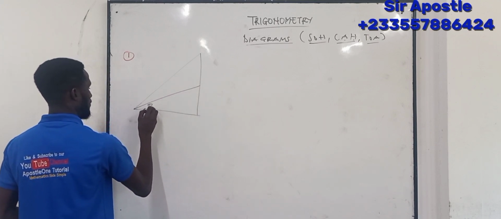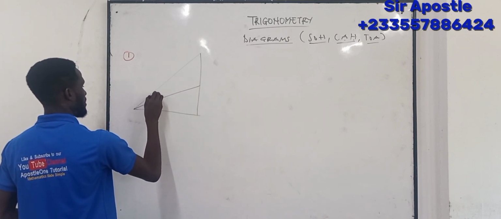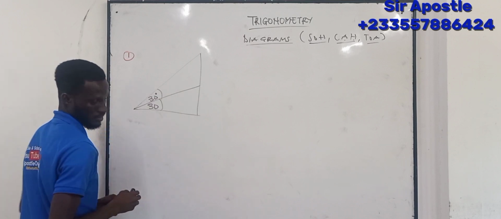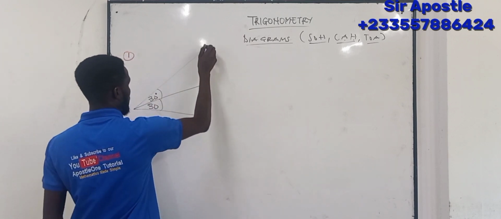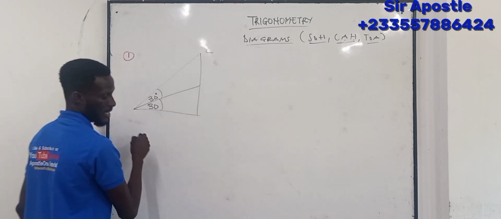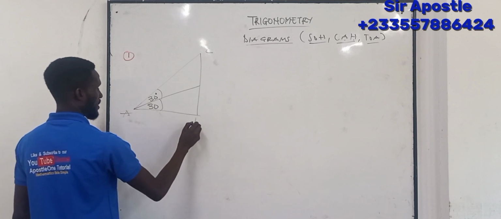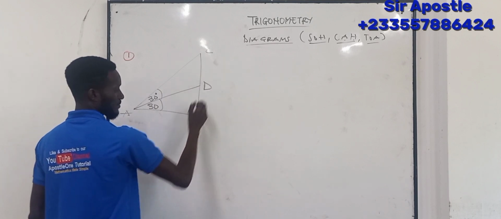Here is 30, here is also 30 degrees. Now this side is C, here is A, B, and then this side is D.